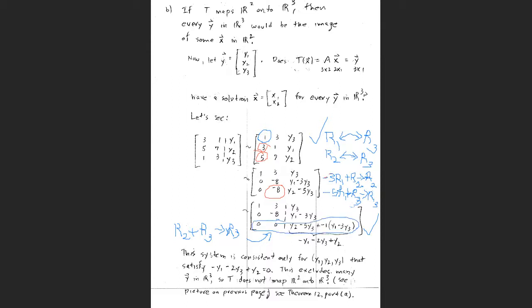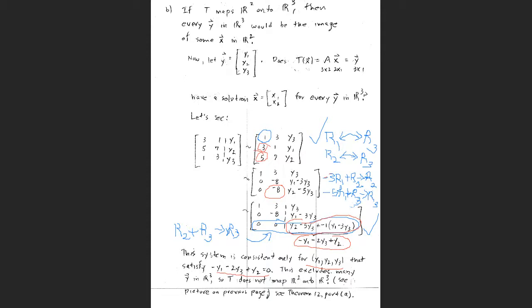So this part here, the y2 minus 5y3 plus -1 times the quantity y1 minus 3y3 reduces to -y1 minus 2y3 plus y2. The system, therefore, is consistent only for points that satisfy this equation, -y1 minus 2y3 plus y2 equals 0.